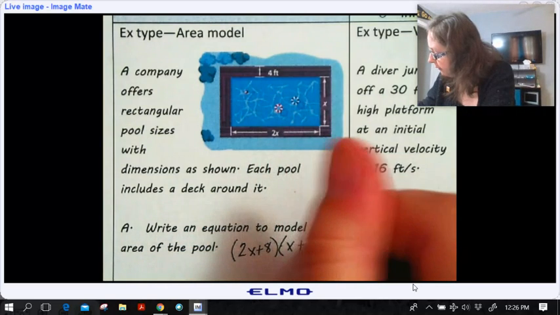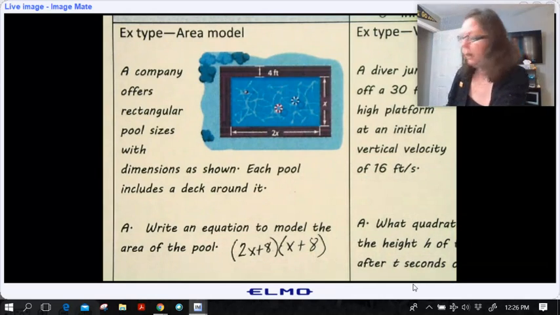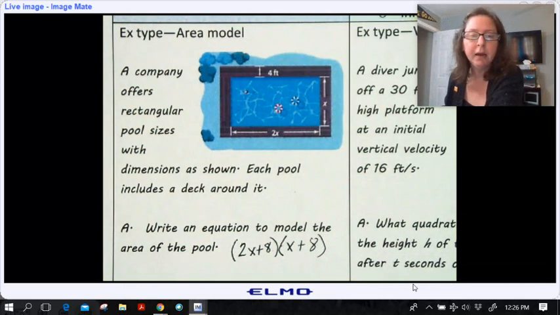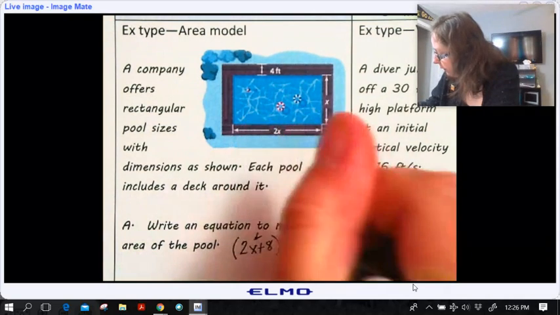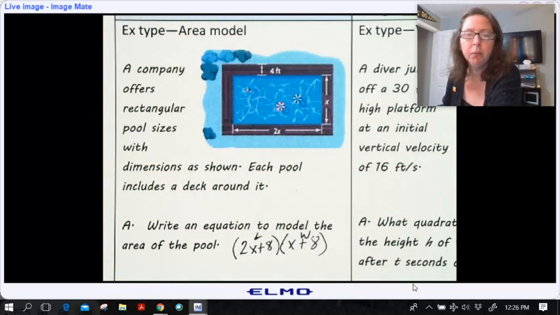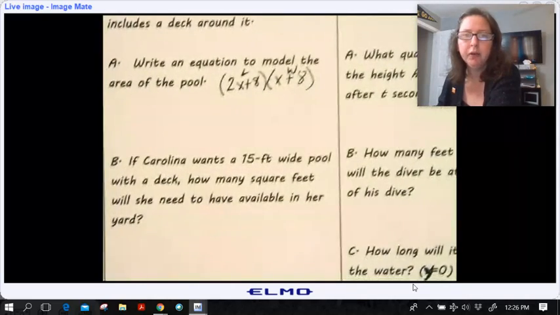So x plus 8. Okay, and so that models the area of the pool, where this is the length and width, but I need to go ahead and multiply this out to get the actual equation. So let's go ahead and do that.